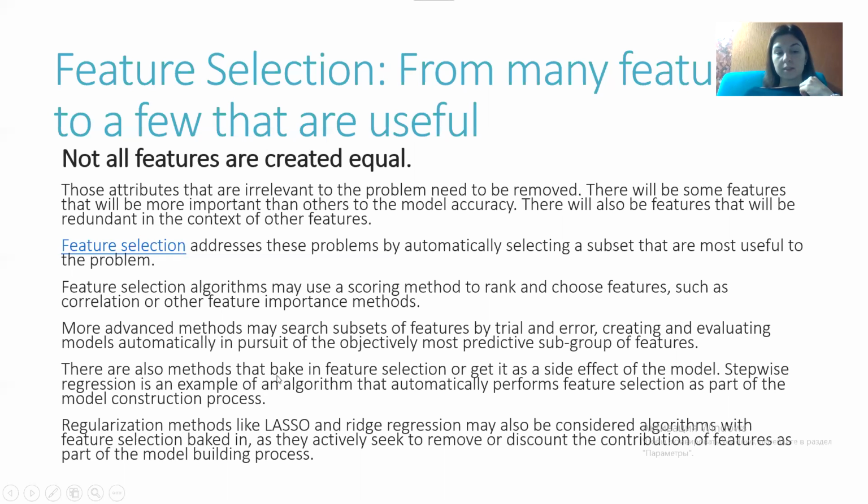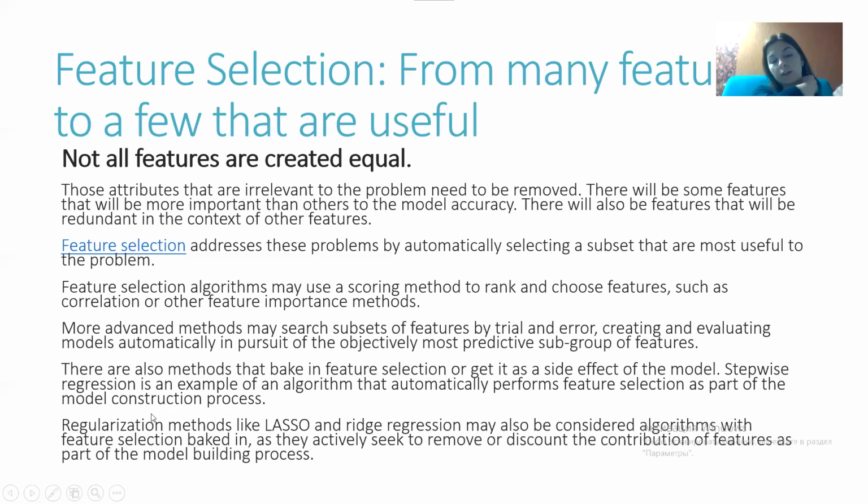There are also methods that bake in feature selection or get it as a side effect of the model. Stepwise regression is an example of an algorithm that automatically performs feature selection as a part of the model construction process. Regularization methods like lasso and ridge regression may also be considered algorithms with feature selection baked in, as they actively seek to remove or discount the contribution of features as part of the model building process.